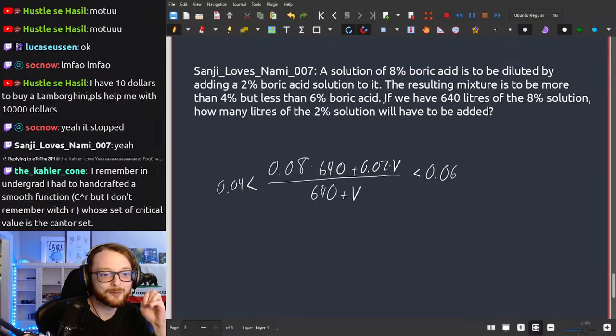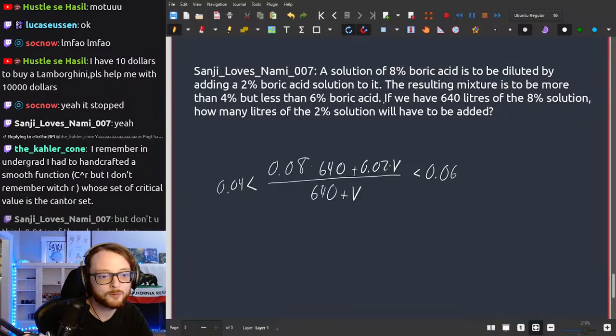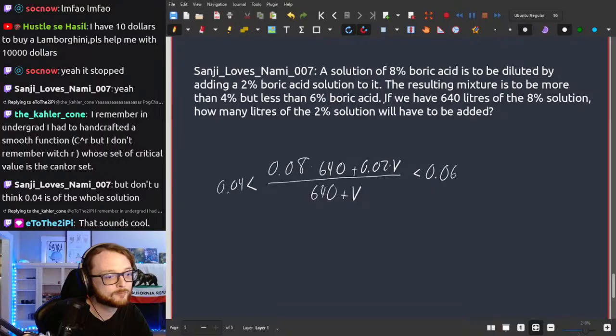If you want me to back up and explain how I set this up, just let me know. Or if you already understand this part, then I won't bother. We can think of this as two separate equations and just solve them separately. 0.04 is of the whole solution.